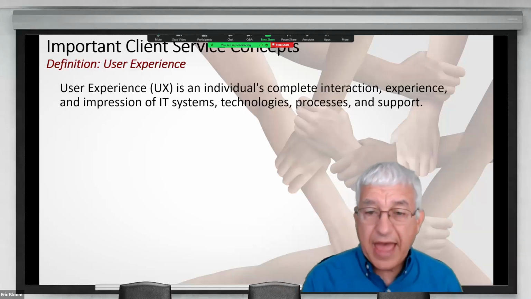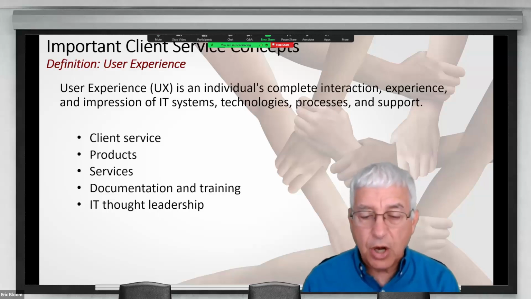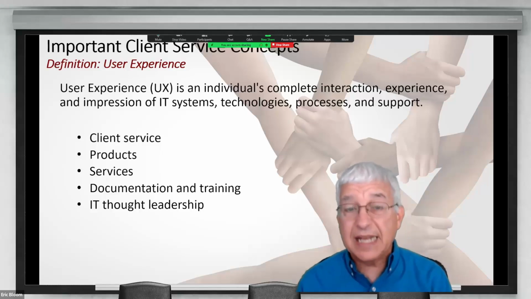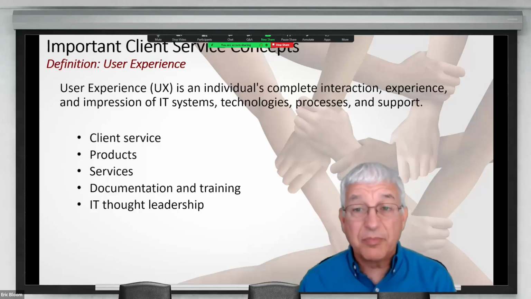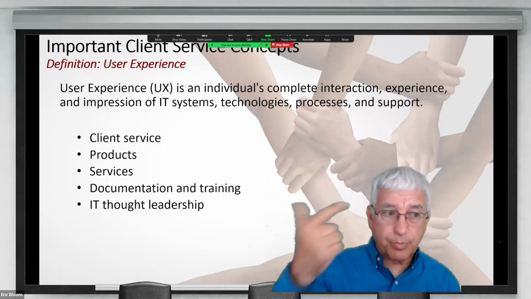You can have the nicest person in the world in client service, but if they can't keep the internet up and your email working, you're not going to be really impressed. So it's a combination of, yes, the client service, but also the products and services.